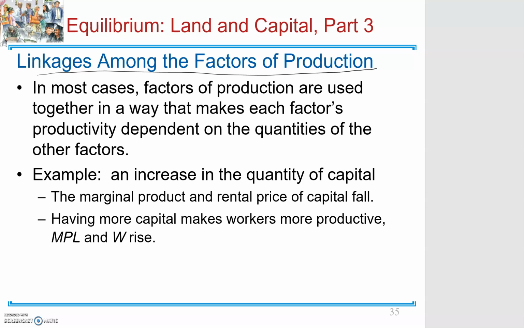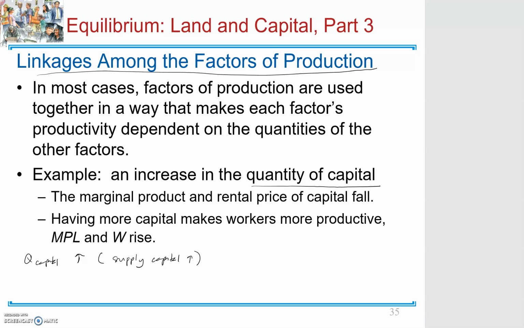Okay, so I can show you here. An increase in the quantity of capital. Now the quantity of capital increases. So we can say that the supply of capital now increases. Capital, for example, here refers to property.